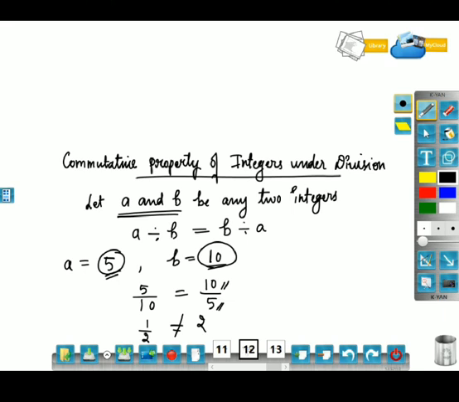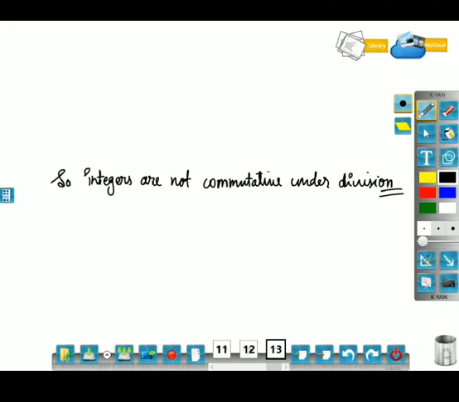So when they are not equal, we can say that integers are not commutative under division, because the left hand side and right hand side of the equation are not equal.